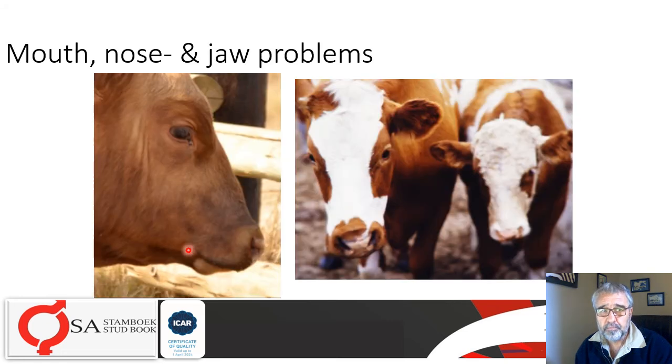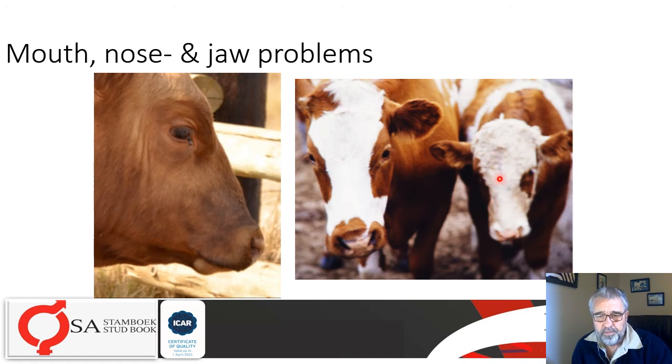Just to come back to mouth, nose and jaw problems, on the right hand side here is a very good example of a cow and a calf, and you can clearly see the skew nose. Usually these anatomical traits are highly heritable, and what you see in the parents usually reflects in the offspring as well.